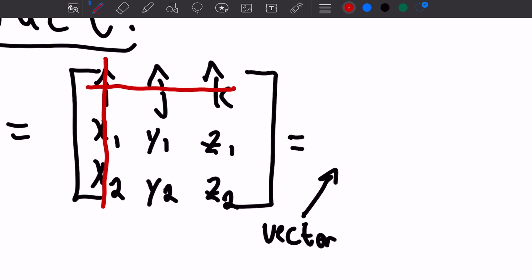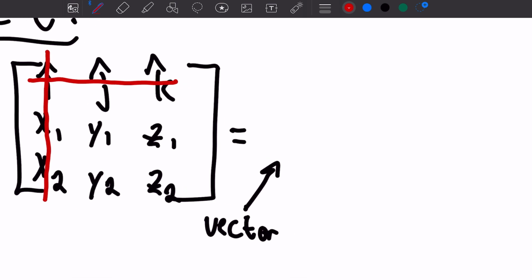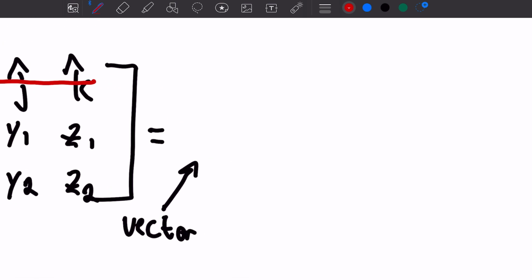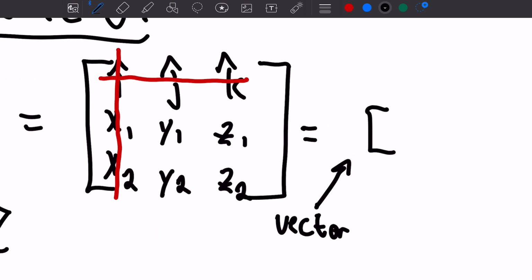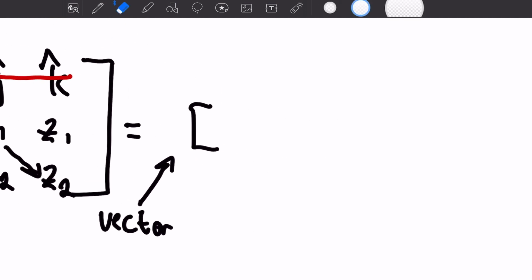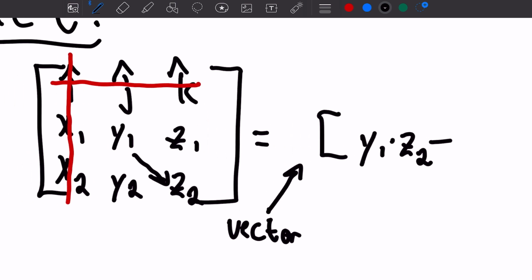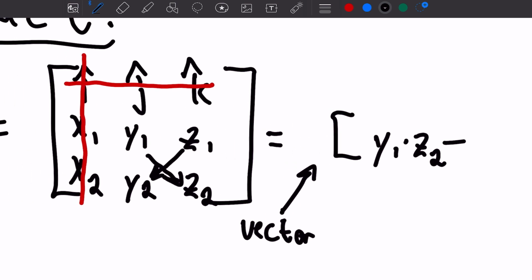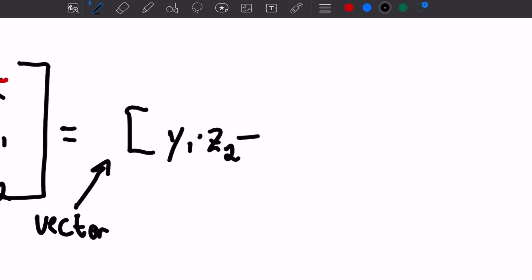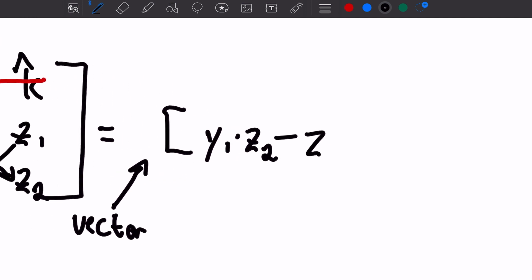So we're only going to be focusing on this little 2x2 matrix down here with the y and z. So we are going to do y1 times z2, and then we're going to subtract z1 and y2 from that. And then that will be our i component.